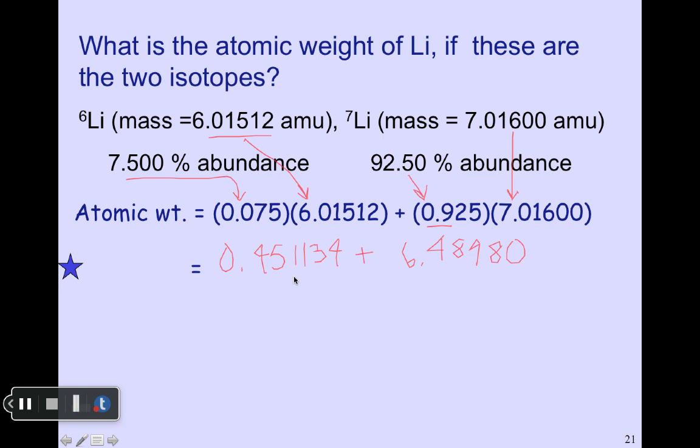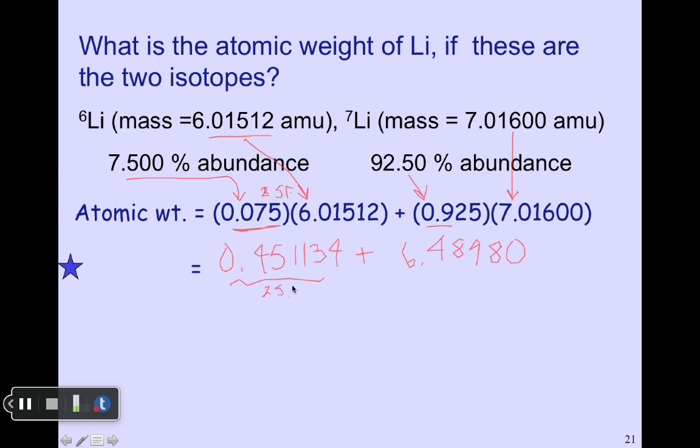Now, for the multiplication step here, you need to realize that this is a sig figs question that becomes a little funny. For this particular step, the 0.075 is a 2 sig fig value, and that means that the answer you get from that part of the calculation should only be a 2 sig fig value.